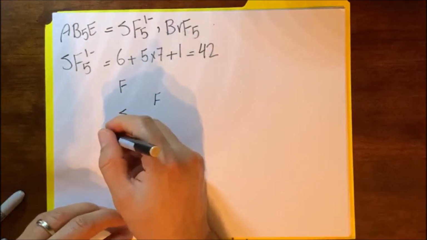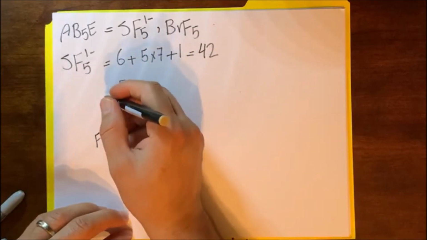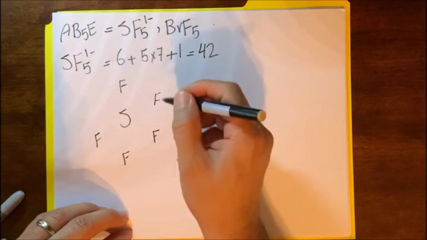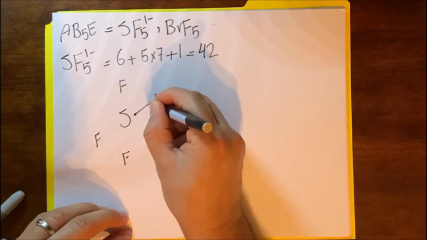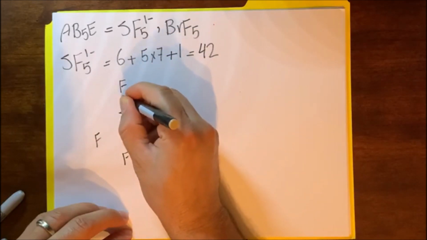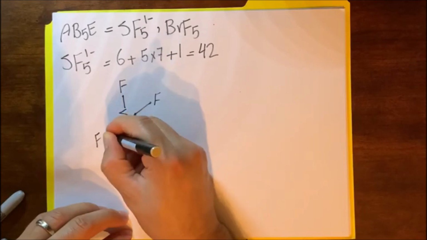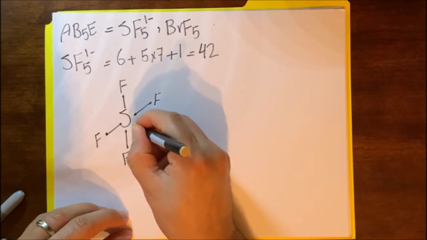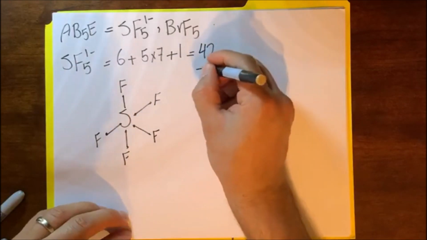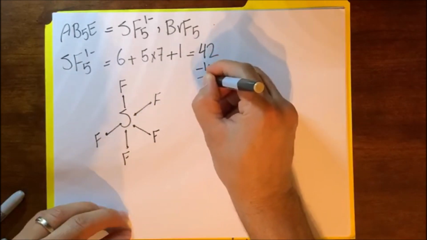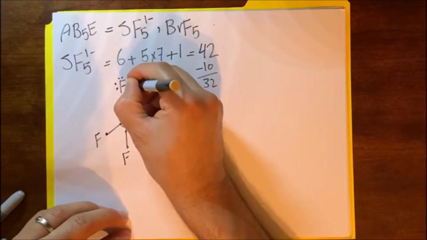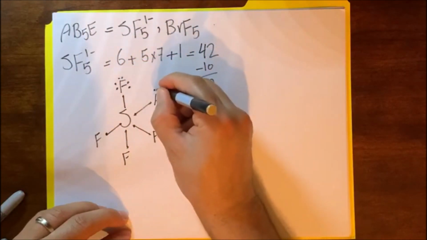Okay, and one here. So I will have a lone pair somewhere there. Okay, minus 10, it will be 32. Give each fluorine 6 electrons.